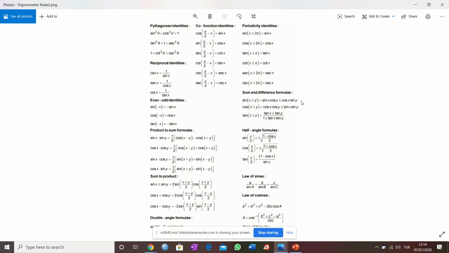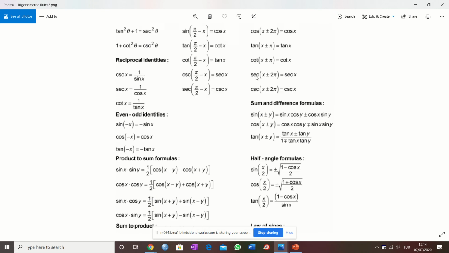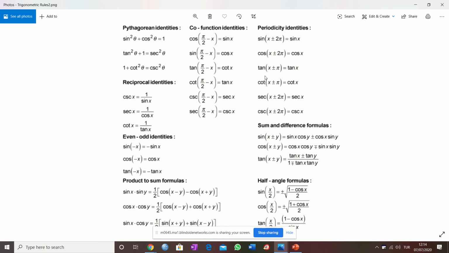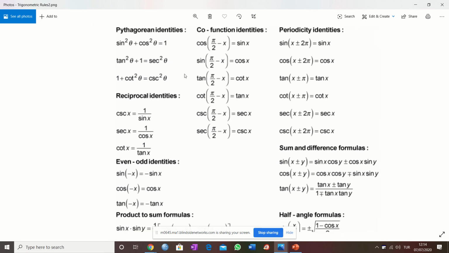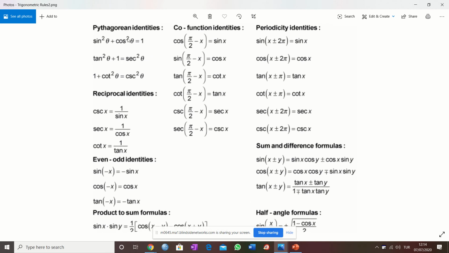So here these are other formulas that you will need for Calculus 2. You know that from the Pythagorean theorem we have sin square theta plus cos square theta equals 1, and we have these trigonometric formulas here.